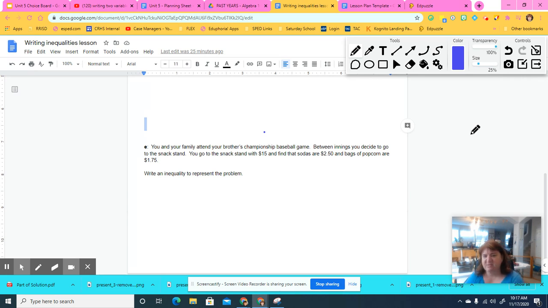Now, this time nothing says more than or less than, but we know we have $15 to spend, and that's all we have. So everything we spend has to be less than or equal to 15.